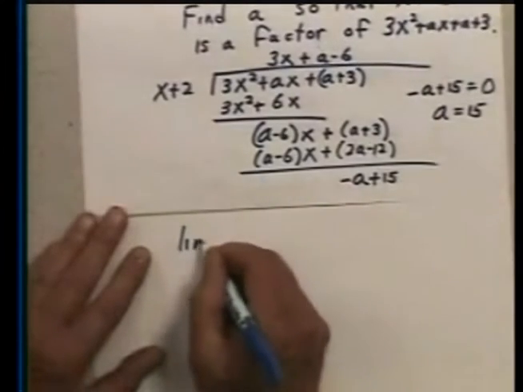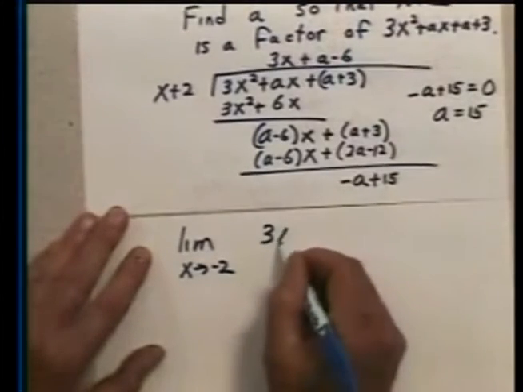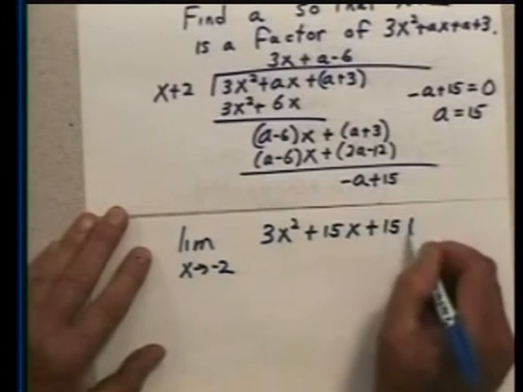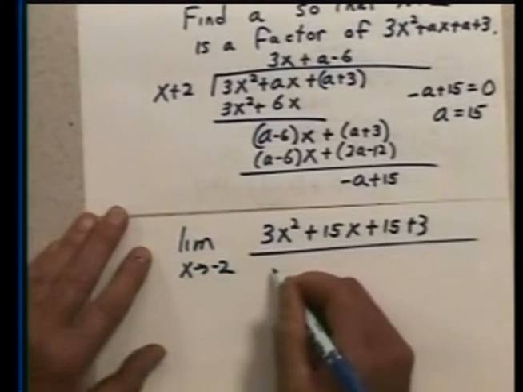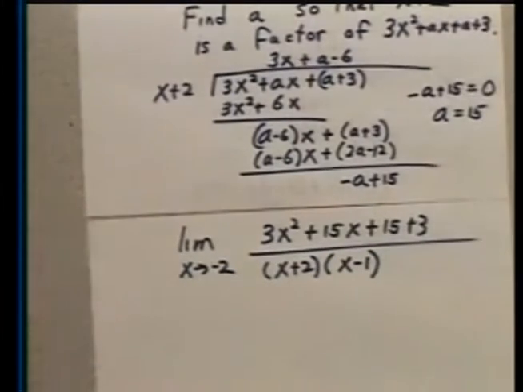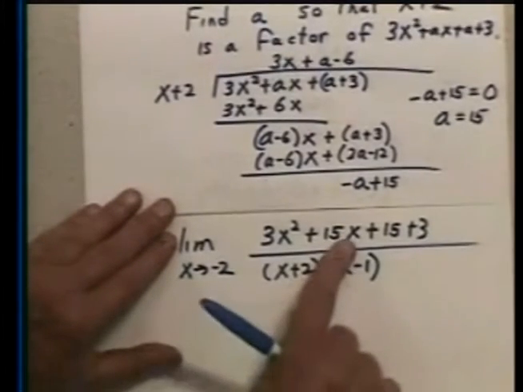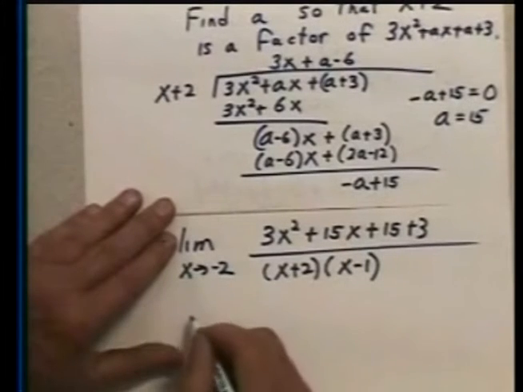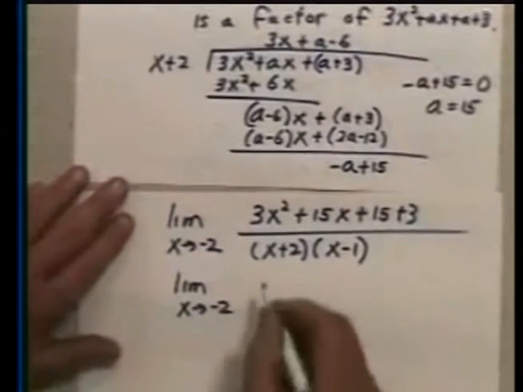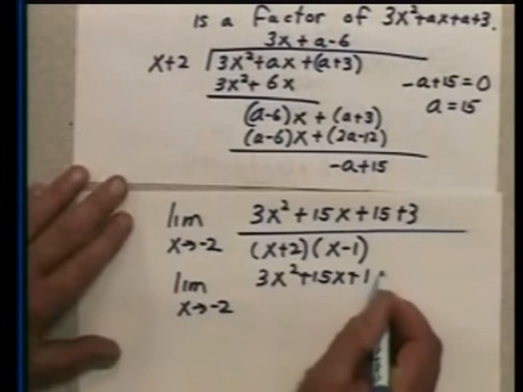So now it becomes the limit as x approaches minus 2 of 3x squared plus 15x plus 15 plus 3, and that's still over x plus 2 times x minus 1. Now, if I did the math right, x plus 2 should be a factor of the numerator. Let's see if it is. What I really have up there is 3x squared plus 15x plus 18, right?